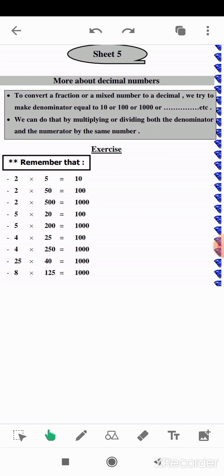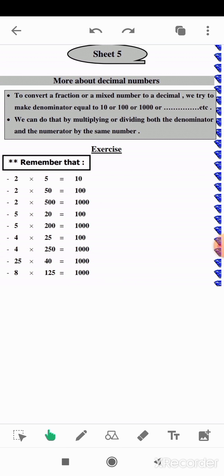So if I have a denominator of 2 or 5, 4 and 25, 8 or 125 and so on, okay.